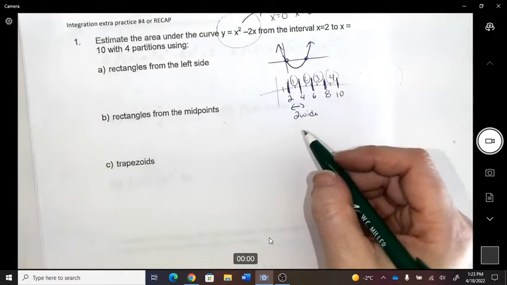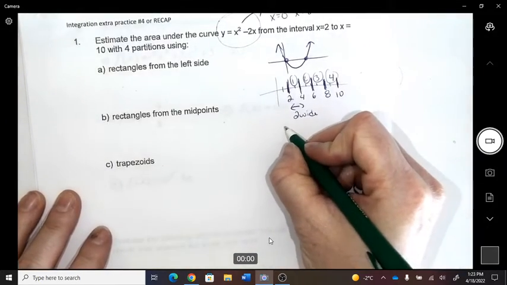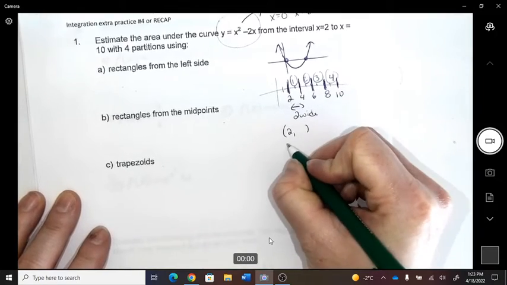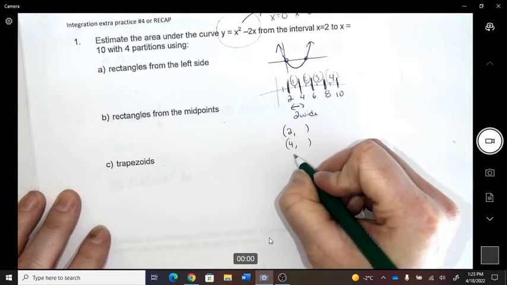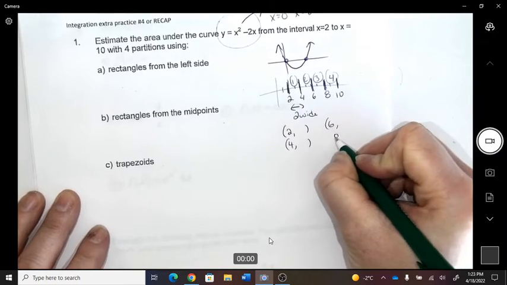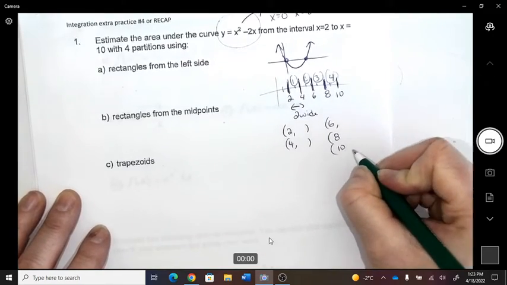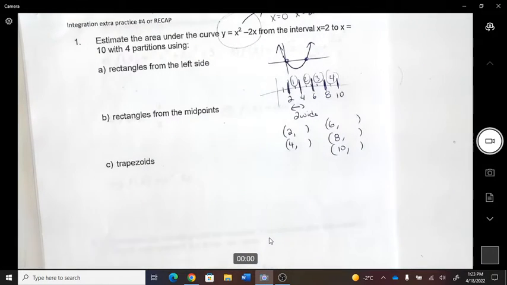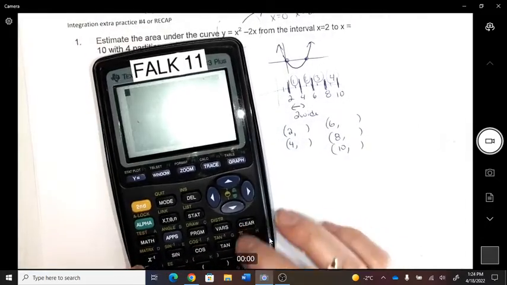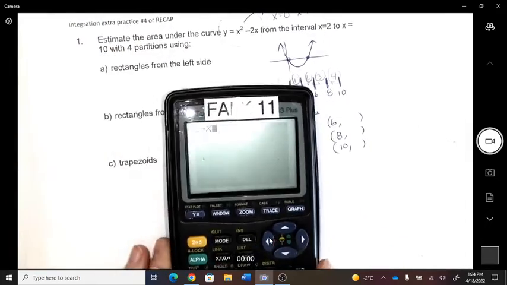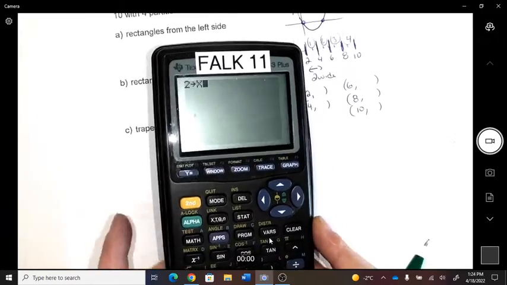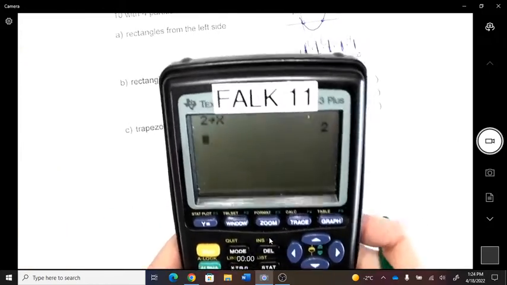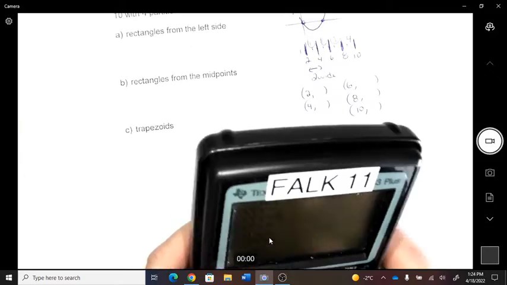why don't we just get a bunch of info here? Let's plug in 2, 4, 6, 8, 10. Okay. Do you want me to cheat and do this or what? Okay. So I'm going to go, if I put 2 in, actually no, I'll just really cheat here.